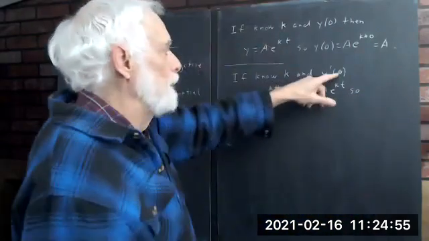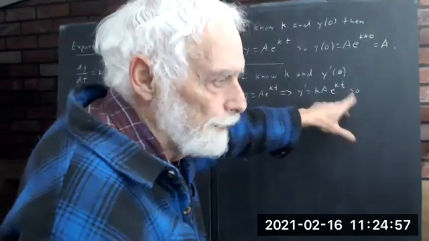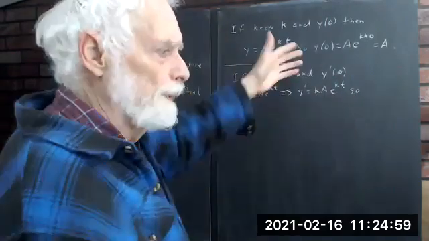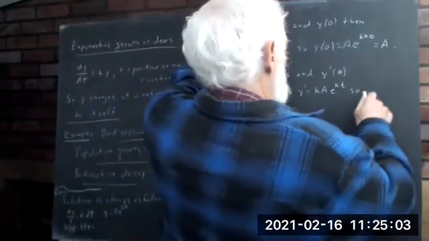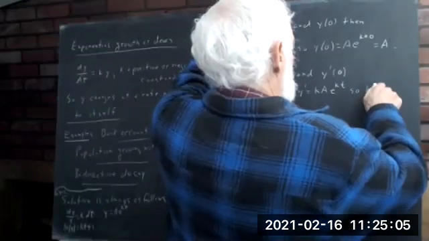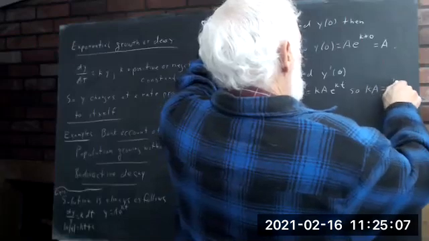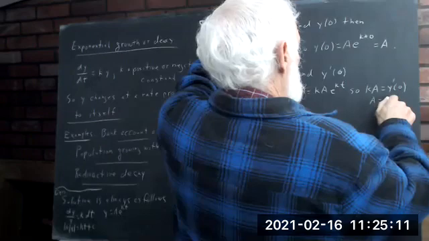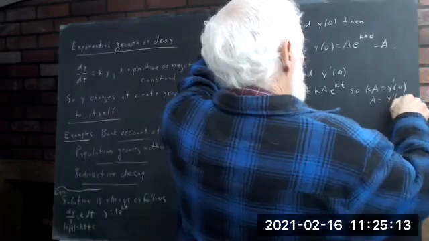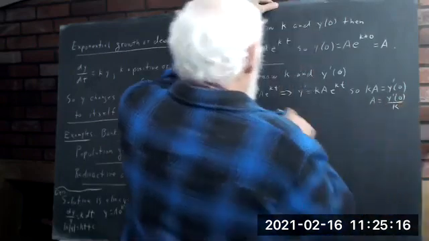So again, plugging in 0, kt is going to be 0, e to the kt is going to be 1. So then a is going to be y prime of 0 over k.